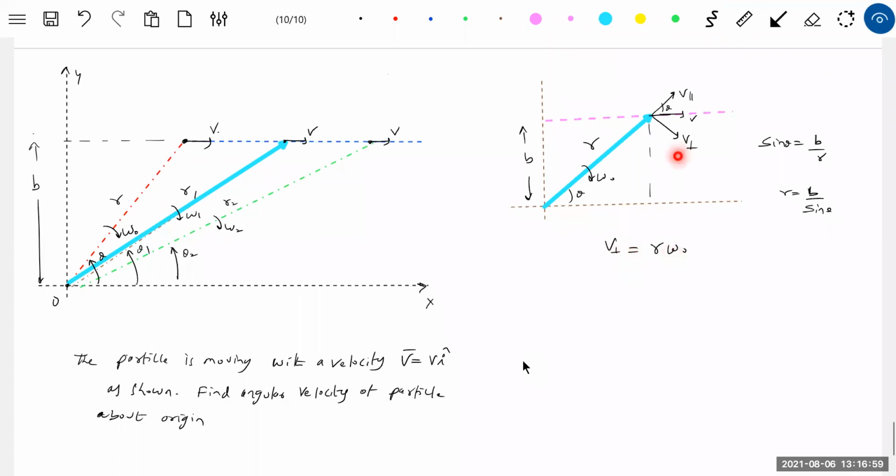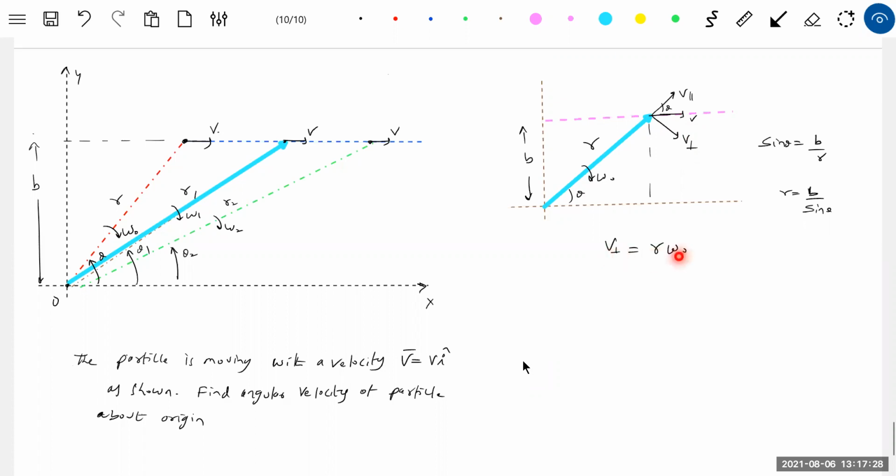So why are you writing v perpendicular equal to r omega? In circular motion, this is the tangential velocity, no? But this is the path. I know this is a path, but we are describing the circular motion. Then resolve the component of velocity of the particle perpendicular to the radius vector, the position vector. This will become tangential. The component of velocity perpendicular to the position vector should be substituted here.